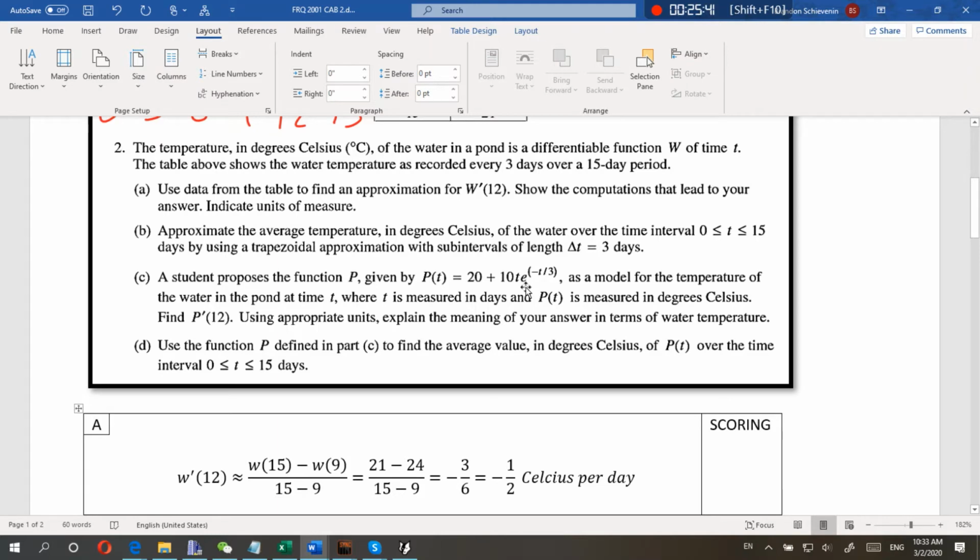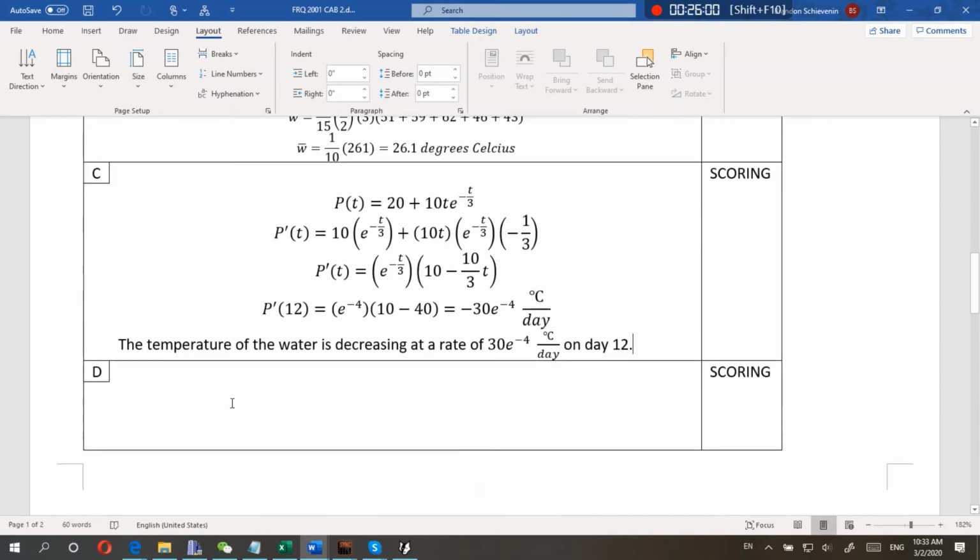So I need to do a little bit more. Integrate. I'm going to integrate p of t from 0 to 15, and then I'll divide by 15. So that'll step up, and then step me back down to get an average.